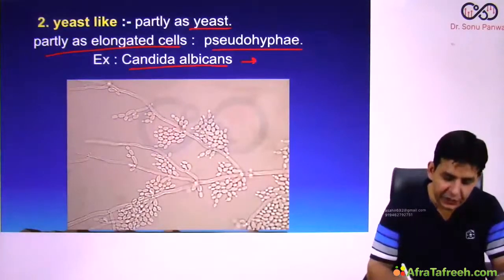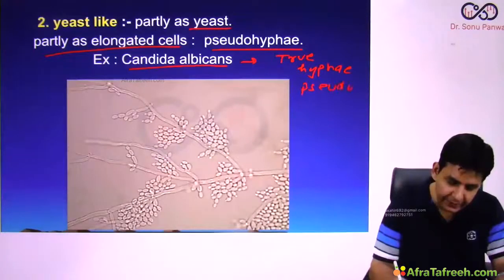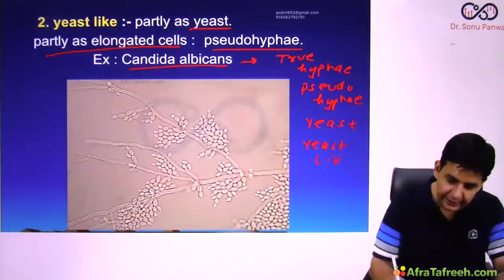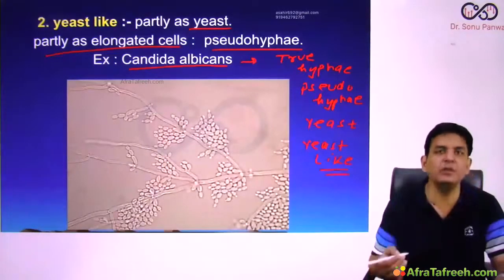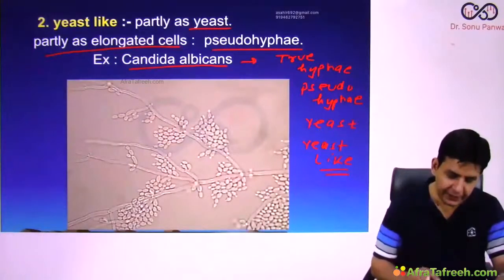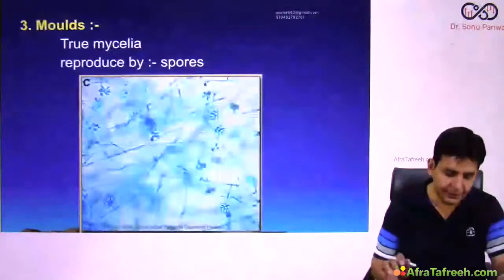It can show true hyphae, it can show pseudohyphae, and it can show the structures termed yeast or yeast-like. All the forms can be shown by this, but mainly it is a yeast-like one. And you can see up here, these are budding ones coming out of these yeast cells.